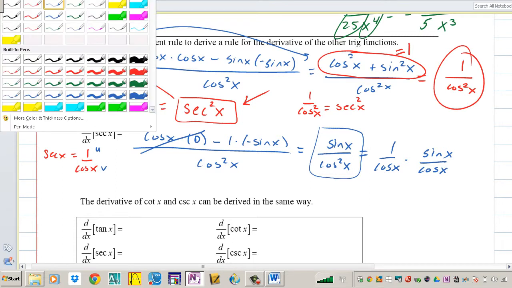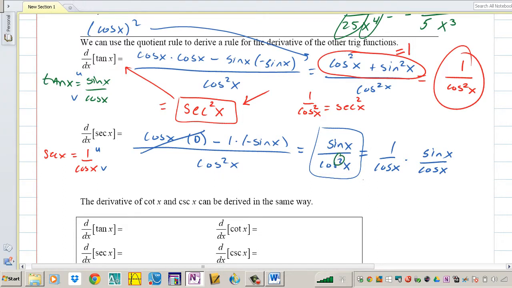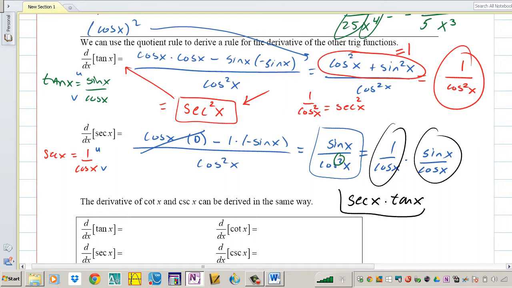Why is that possible? I have two cosines, so I can separate them as a product of two cosines. Now let's go back to our trig identities. This is secant. This is tangent. And that is a much easier derivative to read. So the derivative of secant is secant tangent.